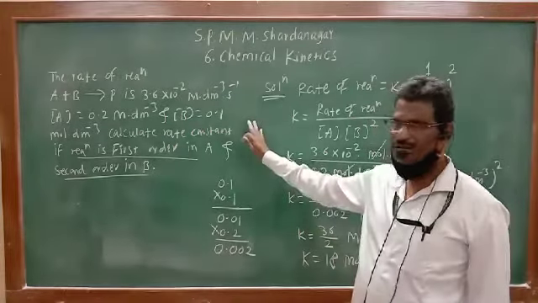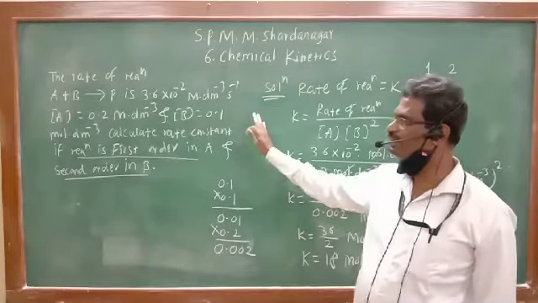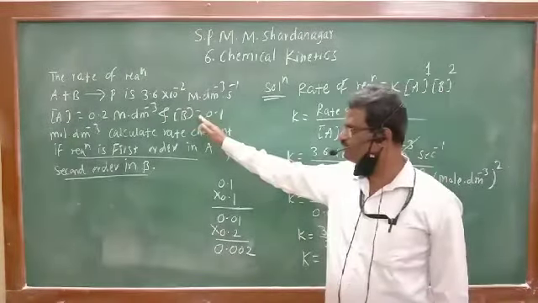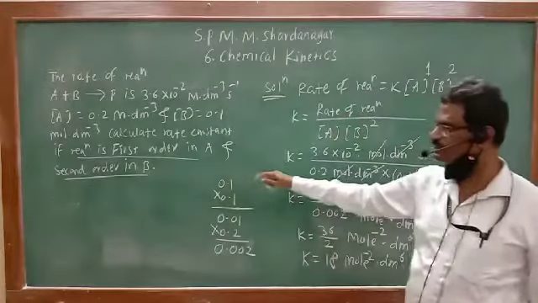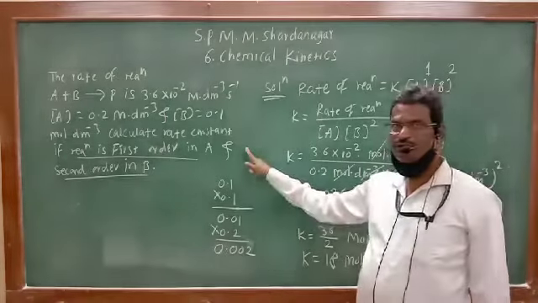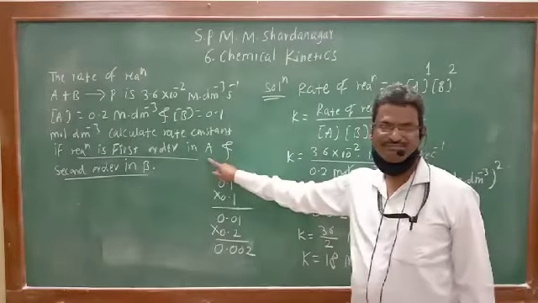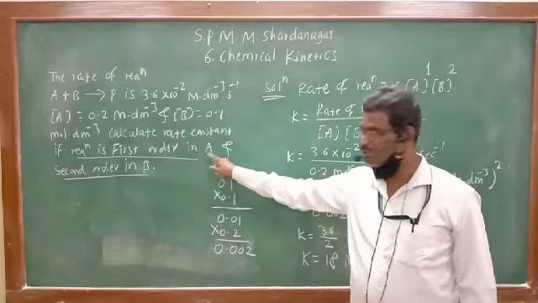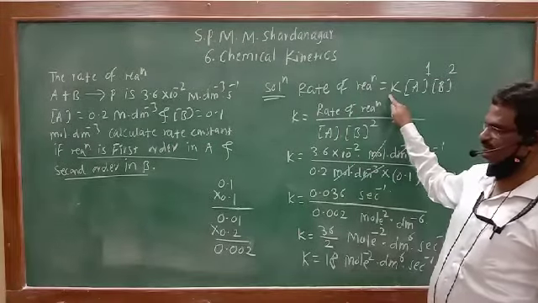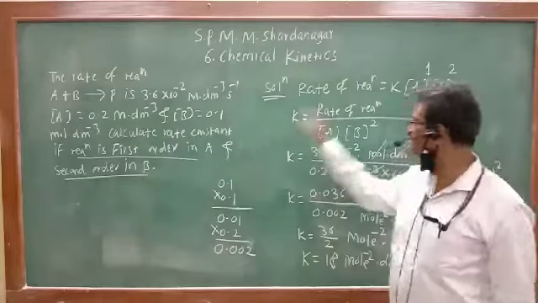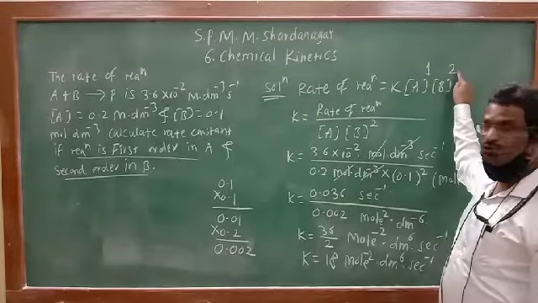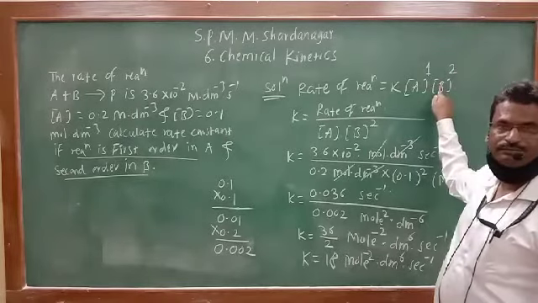But here you should keep in mind that if the rate of reaction and concentrations are given, we can calculate the rate constant, but for that purpose we must know this data. Because of this data only we can write the rate of reaction: first order in A, so 1, and second order in B, so it is 2. This is important.